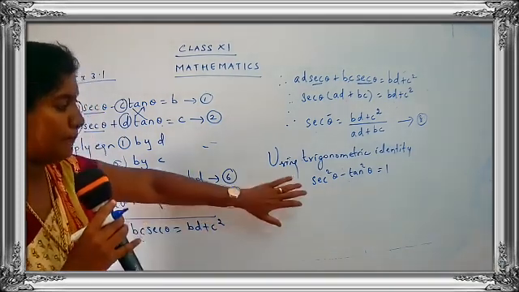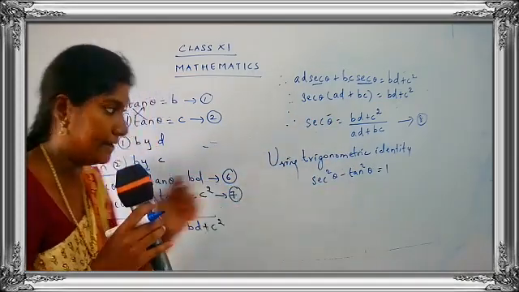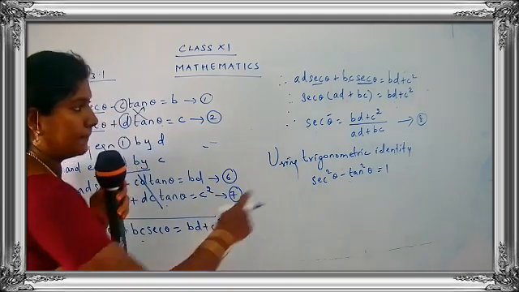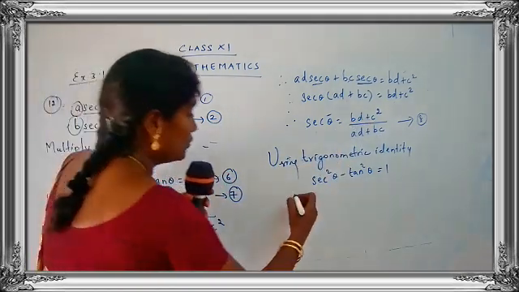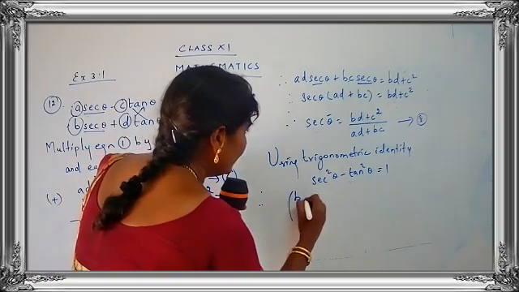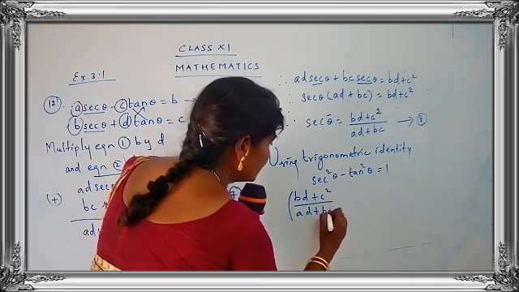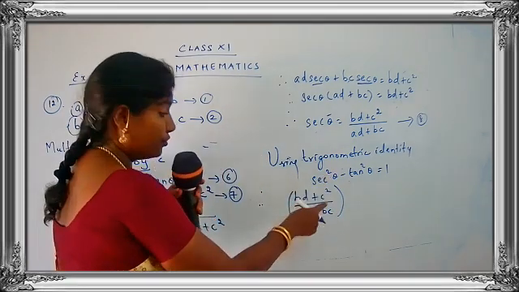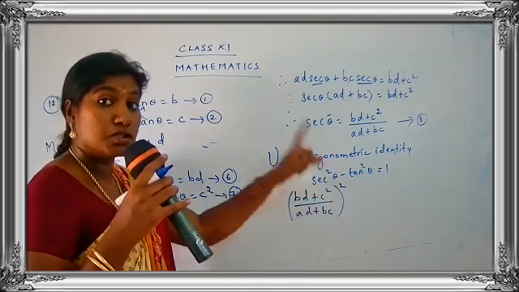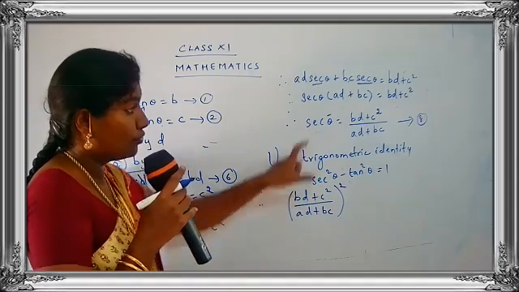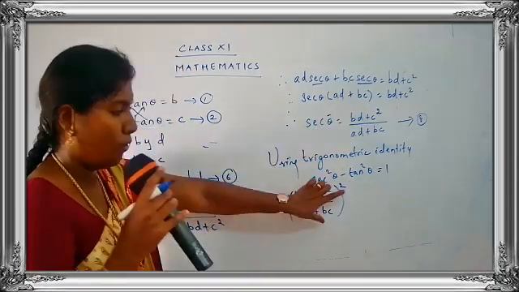Let me substitute the value for sec theta and the value for tan theta. What is the value for sec theta, children? It's BD plus C square upon AD plus BC. So put here, therefore, BD plus C square upon AD plus BC, the whole square. Sec square theta, square, that means 2 times. So you know only the value for sec theta, so you have to write this value, the whole square.